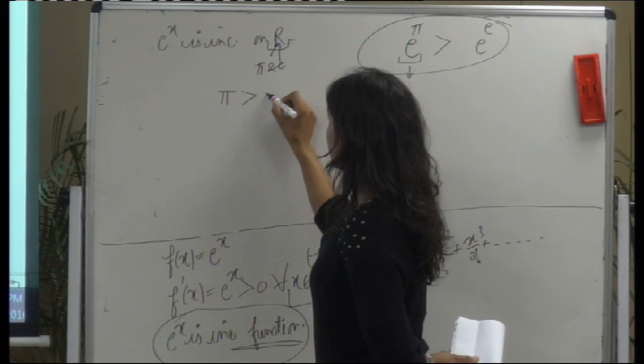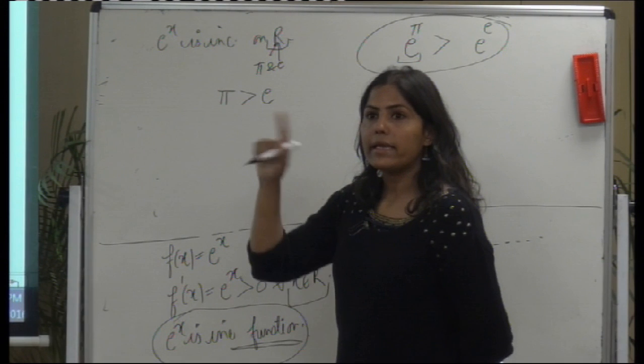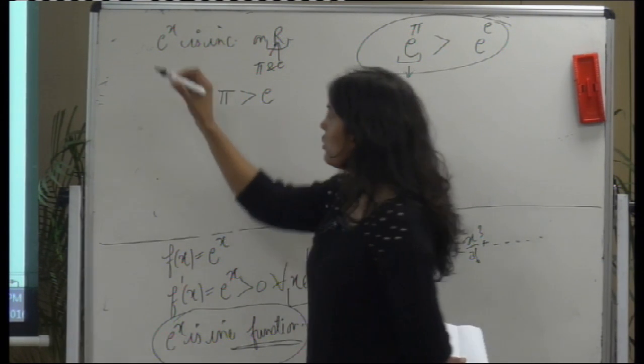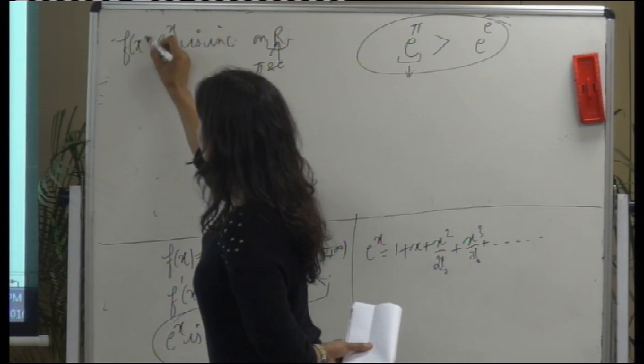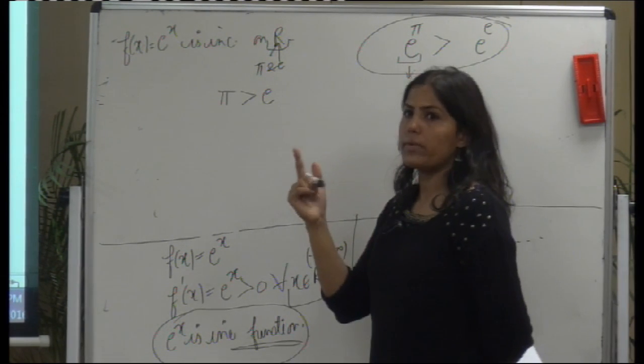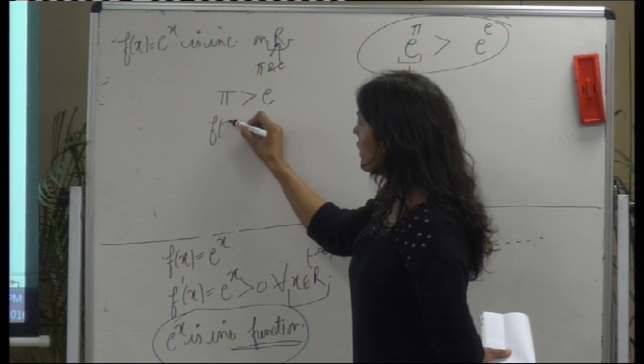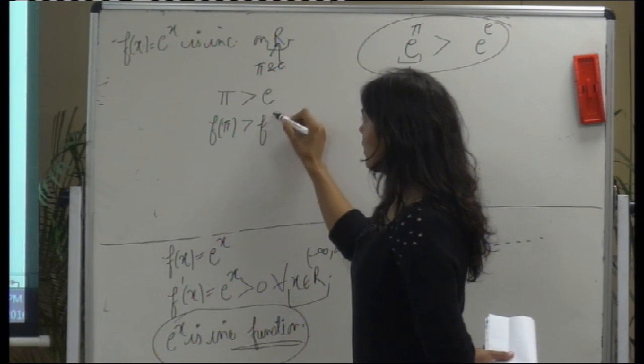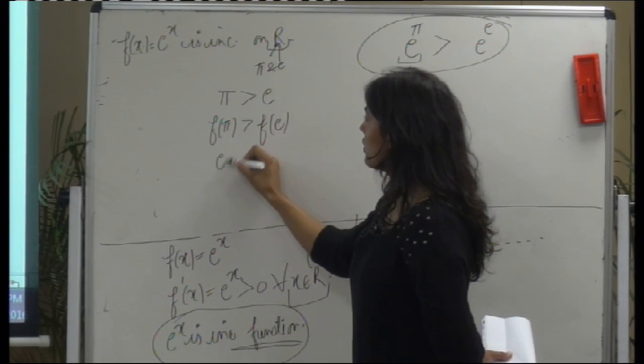So pi is greater than e. All agree? The function f(x) equal to e to the power x is an increasing function, so it will preserve the order. So f of pi will be, f of pi is how much?